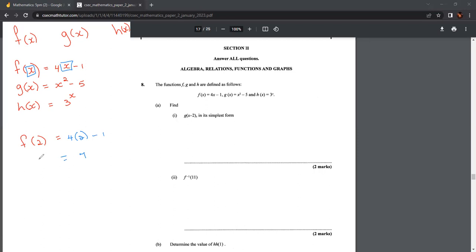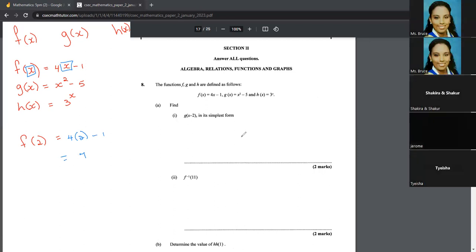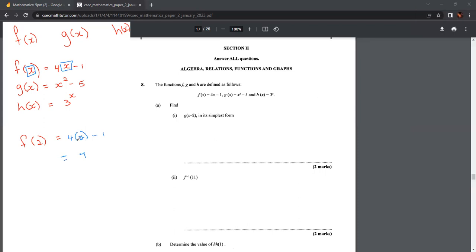So in this case, it's like saying, on this graph, my value of y when x is 2 is 7. So f of 2 is 7, or basically at that point when x is 2, y is 7.